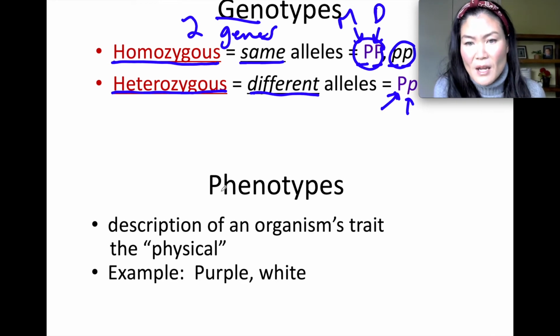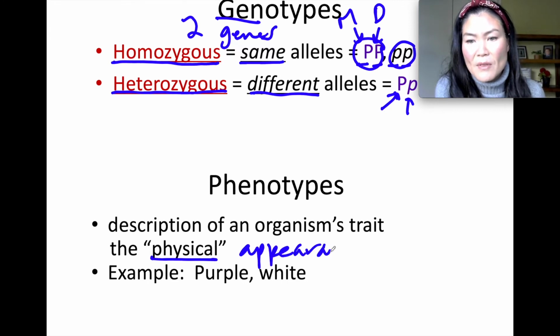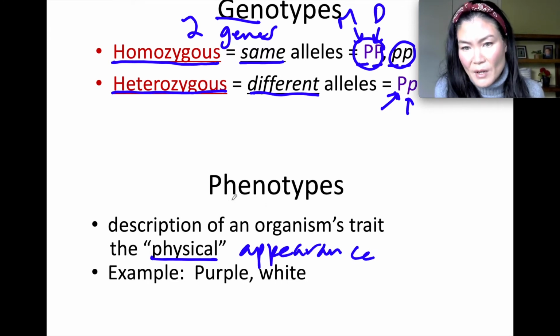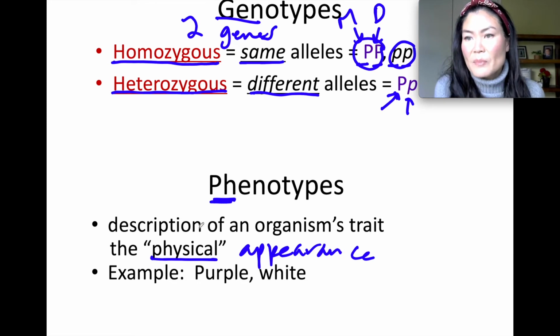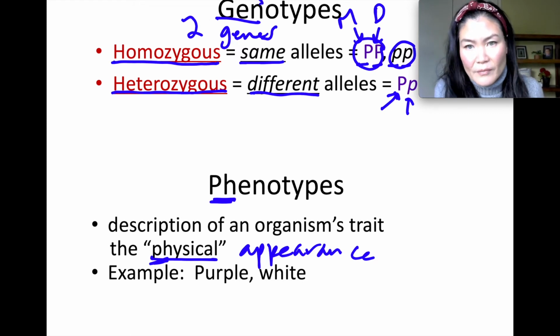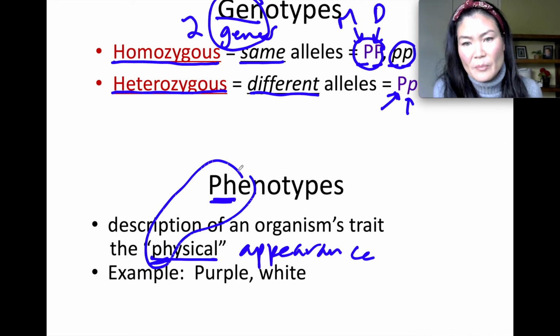What does phenotype mean? Phenotype is the physical appearance. One way to remember that, and a lot of people remember it this way, is that phenotype starts with PH, so does physical appearance. So genotype is the genes, whereas phenotype is the physical appearance.